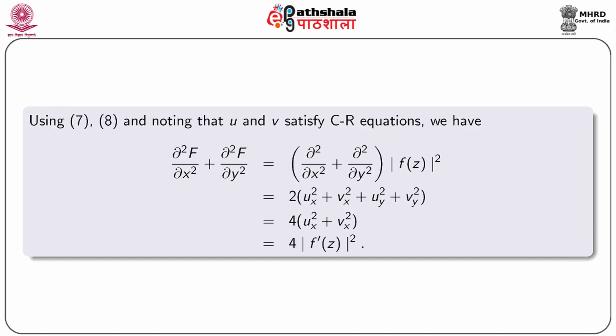So, from this, using the above equation and noting that u and v satisfy Cauchy-Riemann equations, we obtain ∂²F/∂x² + ∂²F/∂y² is equal to 4|f'(z)|². So far we have discussed harmonic functions and conjugate harmonic functions.